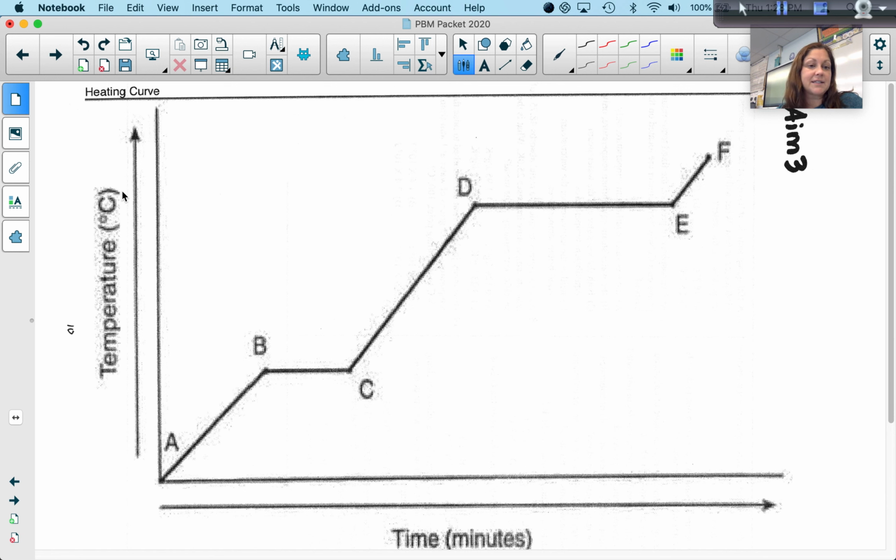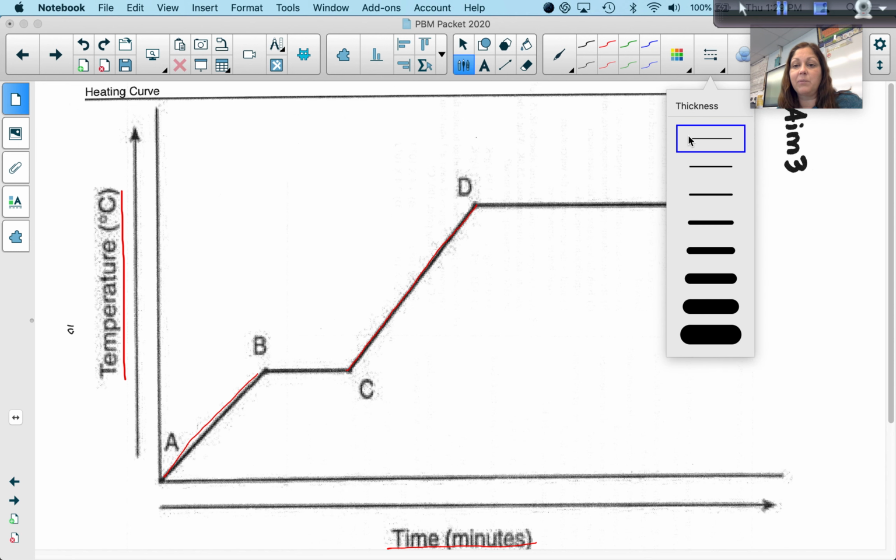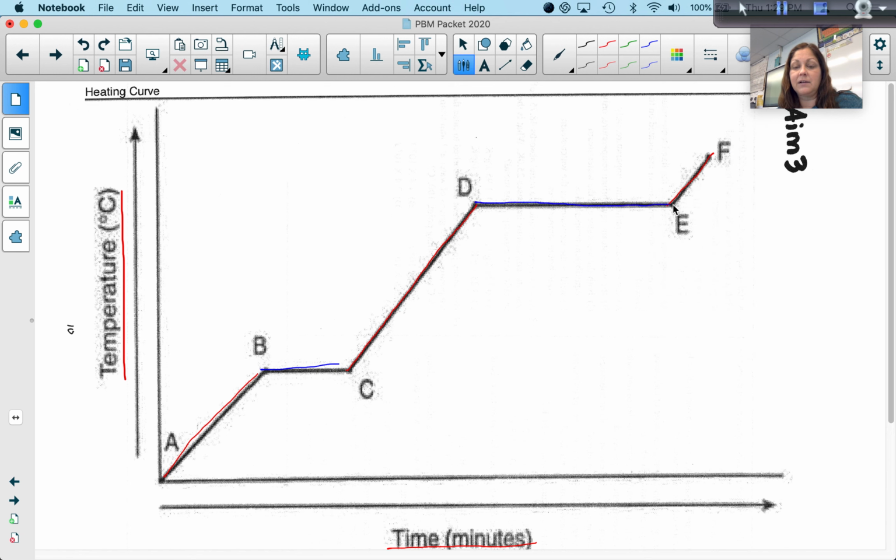We're going to see that temperature is plotted on the y-axis and time or progress is plotted on the x-axis. The first thing that you should notice is that on a heating curve there are going to be 3 lines, probably should say 3 segments that are angled, and then there will be 2 segments that are parallel to the x-axis.